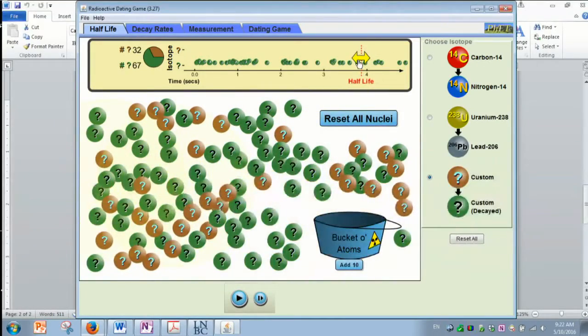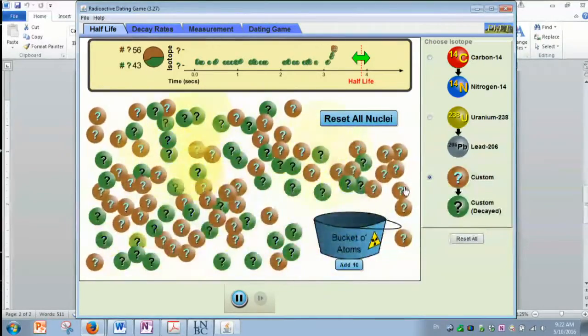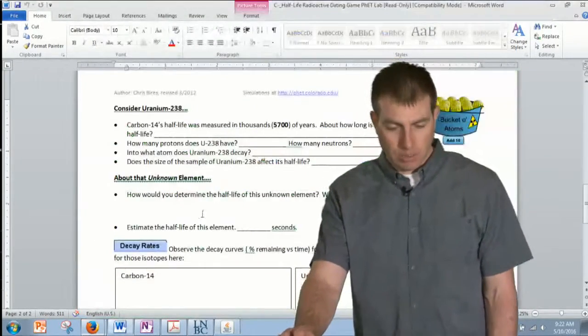It's a little bit different each time just because of when the things decide to decay. But you can go from there and figure out an estimate of where the halfway point of that decay is. So hopefully that helps you out there.